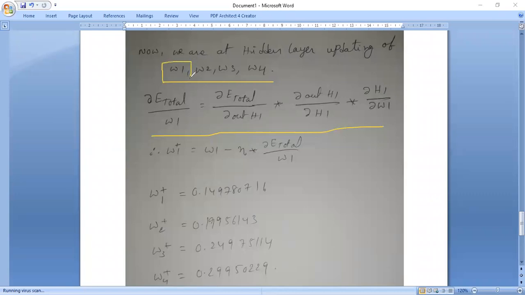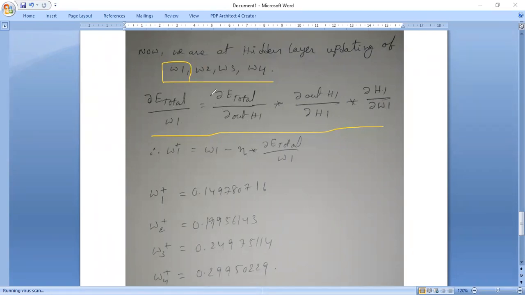Here we have a formula for the error rate of W1: ∂E total by ∂W1 equals ∂E total by ∂output of H1 into ∂output of H1 by ∂H1 into ∂H1 by ∂W1.